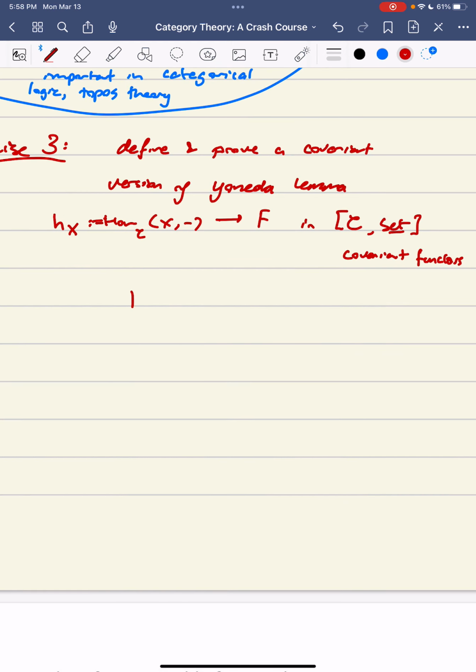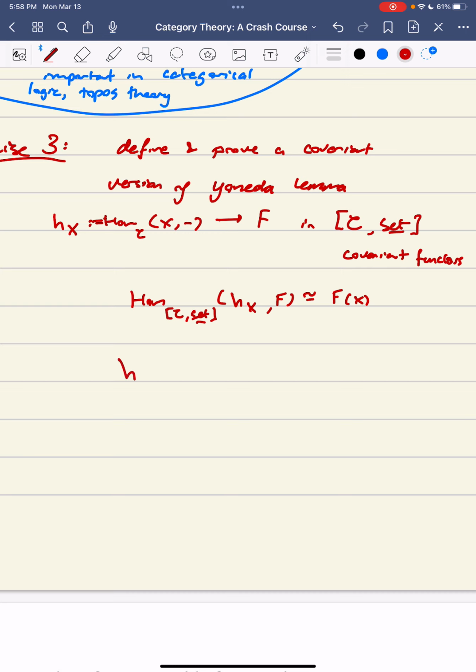So show, in this case, that the set of natural transformations from h sub x to F is the same thing as F of x. And I want you to understand, or to prove, the equivalent thing for the Yoneda embedding in this case.